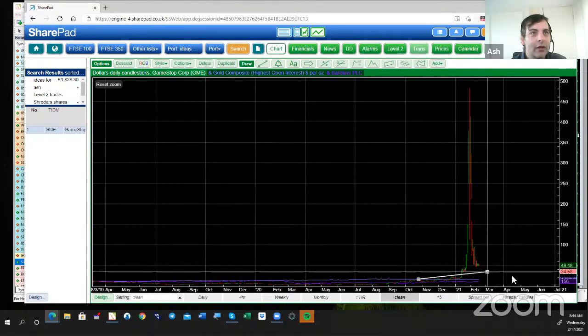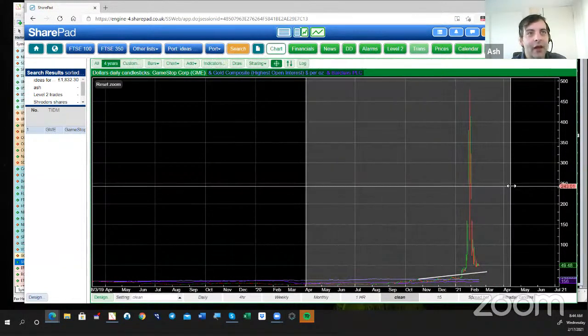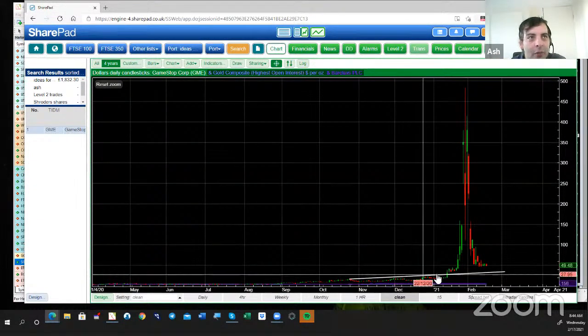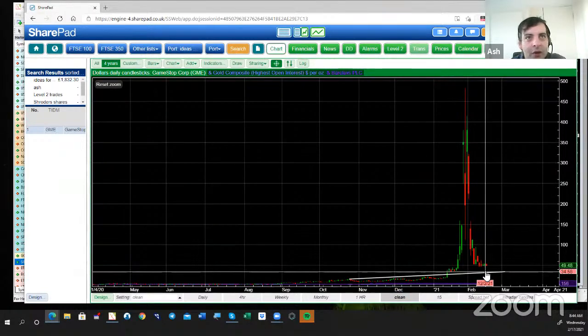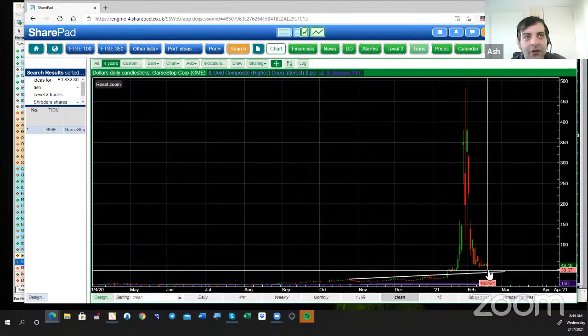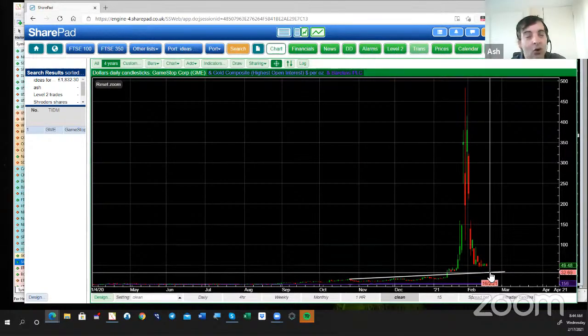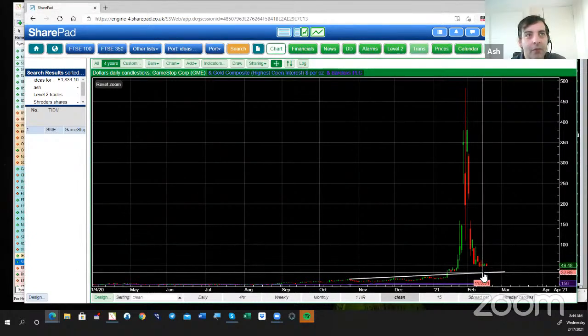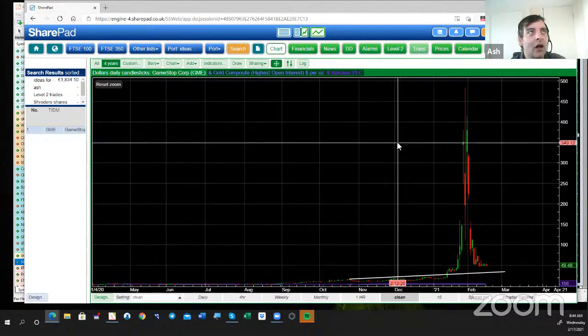But probably I would say back to this low here. That looks to me like the most obvious place right now. Looks like there might be a trend line that meets it. So 35 probably would be starting to get interesting. Technically, I haven't got a clue about GameStop fundamentally, but 35 technically speaking.